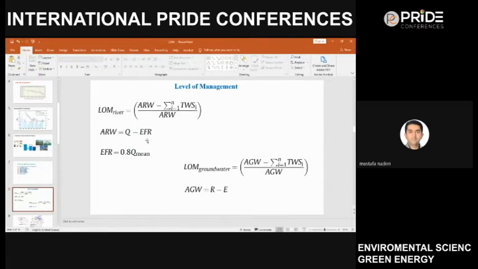But as I mentioned before, available groundwater is defined as the total recharge minus EFR, and EFR depends on the hydrogeology. In some situations, the EFR may be 0, and available groundwater can equal the total recharge. So generally, we can say that the LOM in a water resource represents the residual volume of available water after supporting the ecosystem flow requirement and the water used by humans.